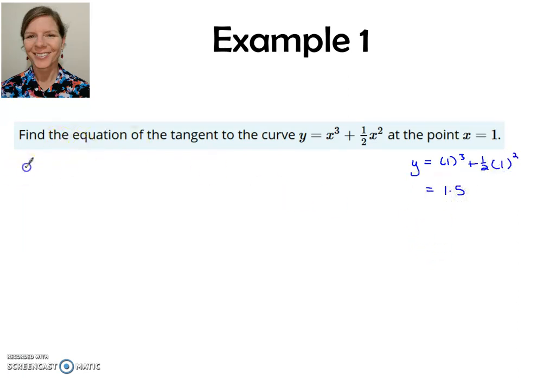So first thing is differentiate, dy/dx. Bring the power down, reduce the power by 1, plus bring the power down, reduce the power by 1, that's still over 2, those cancel. Now when x equals 1, we'll have 3 times 1 squared plus 1, which gives you your gradient equals 4.